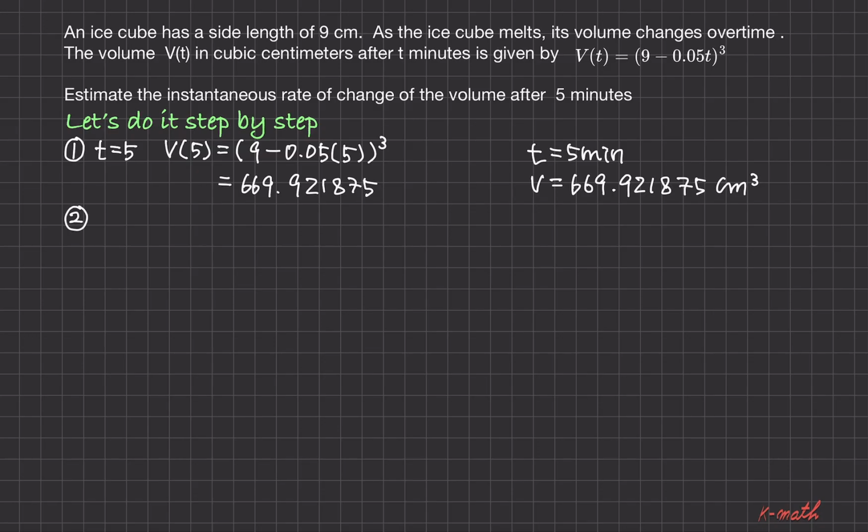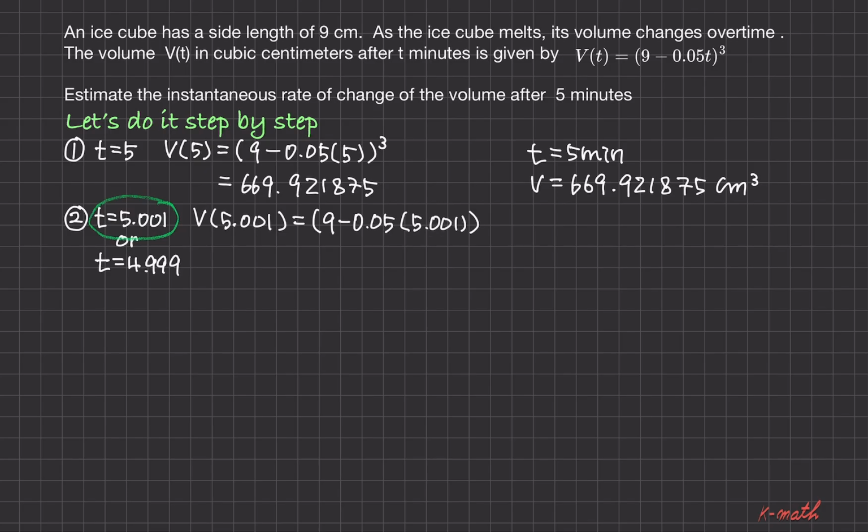Step 2. Choose another time very close to 5. We can choose either t equals 5.001 or 4.999. Let's try t equals 5.001. At this time, V of 5.001 is equal to (9 minus 0.05 times 5.001) all cubed, which is 669.910397.